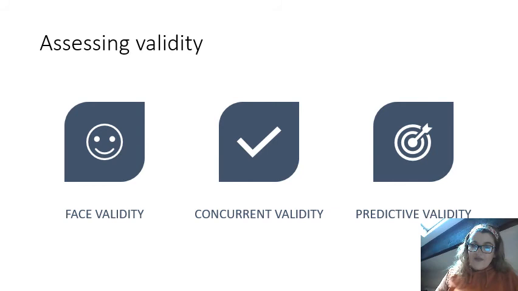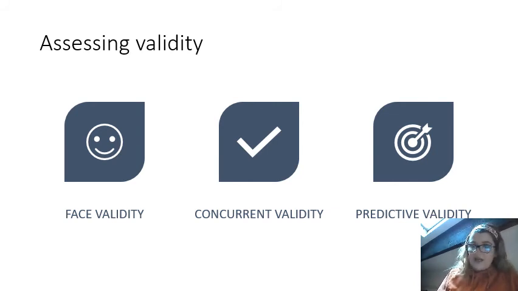Okay, the next one is predictive validity. Now, unfortunately, in the current climate, this is what a lot of teachers are having to do for our year 13, is that we predict results based on previous results. As part of that, we're predicting future performance.